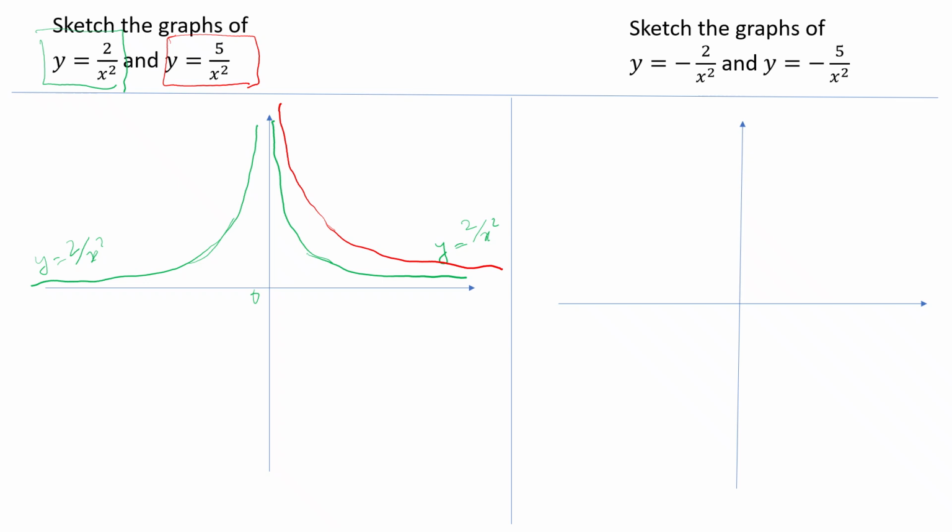When x is negative, x squared is positive, so the y value is positive and bigger than the green graph. So this is y equals 5 over x squared.